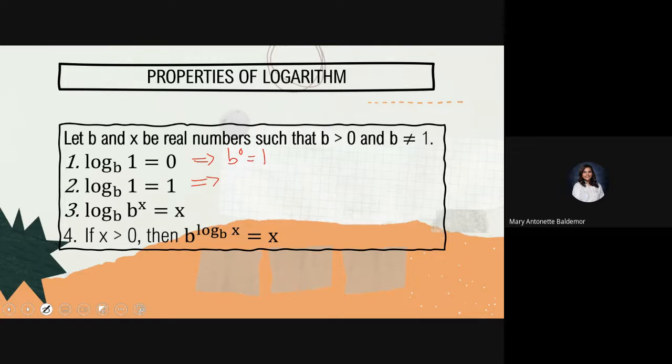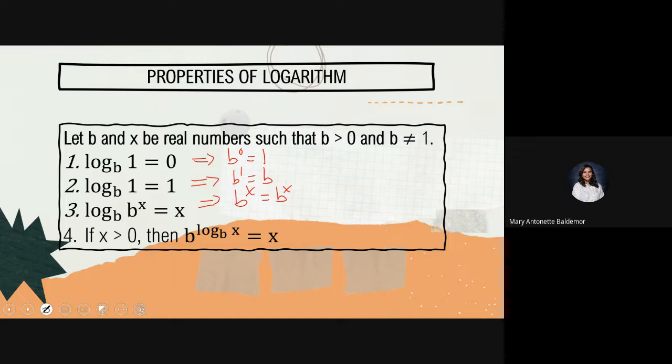So we can rewrite this as b raised to 1 is equal to b. Any number raised to 1 is just itself. And number 3, the logarithm of b raised to x with base b is just x, because basically b raised to x is equal to itself, b raised to x.